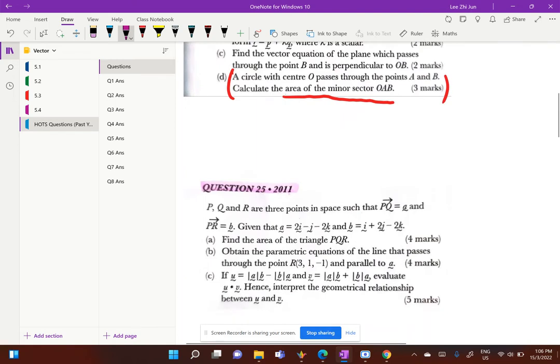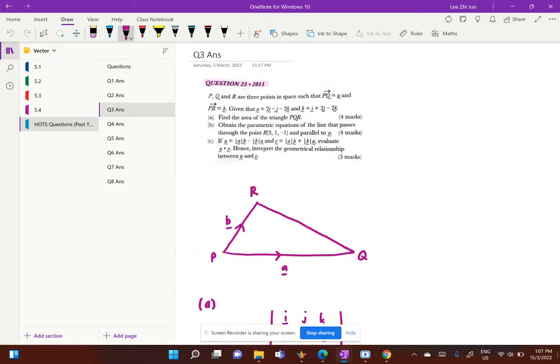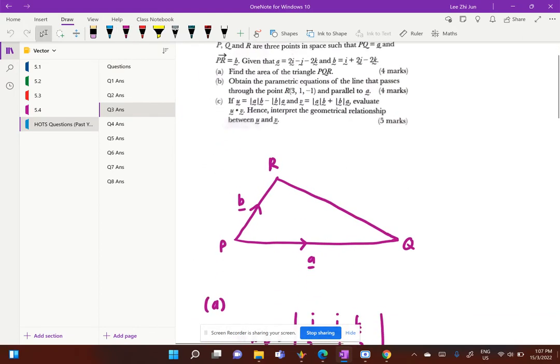Okay, for question 3. P, Q, and R are 3 points in space, such that PQ is A and PR is B. Given that A equals to this, B equals to this, find the area of PQR. Okay, so I draw the triangle.